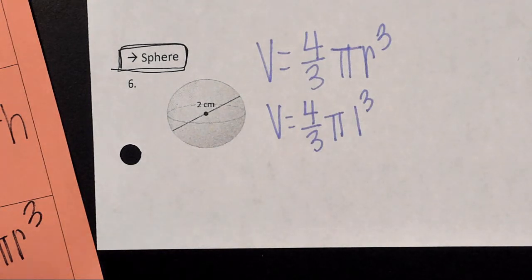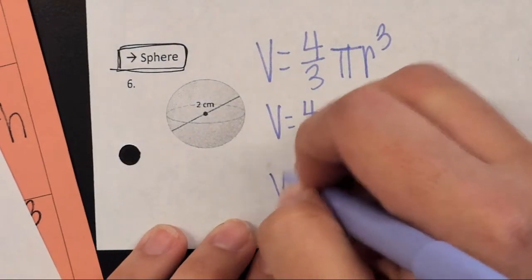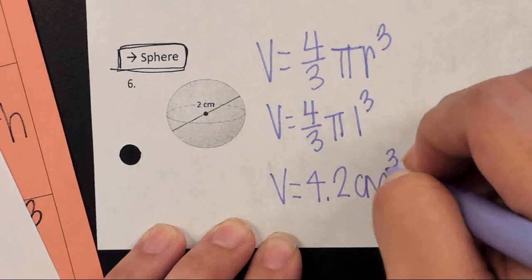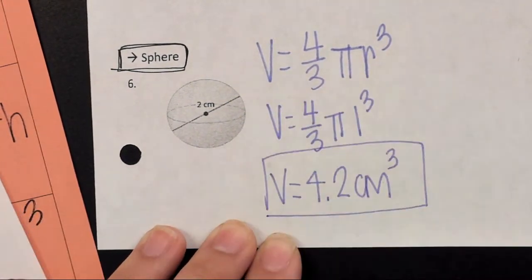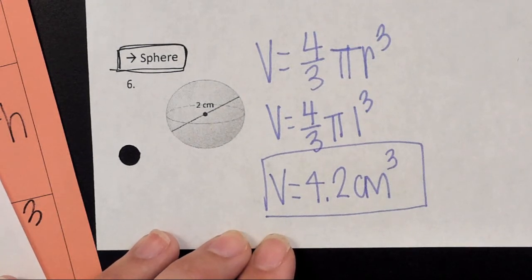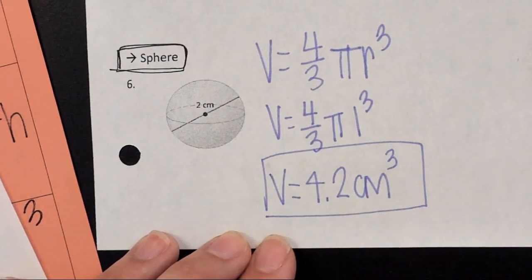I got 4.2. See, that's why we're practicing. You got what? Okay. Did you close your parentheses after the 3rd? No.